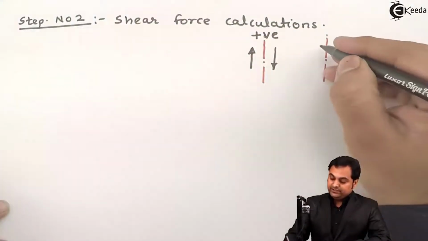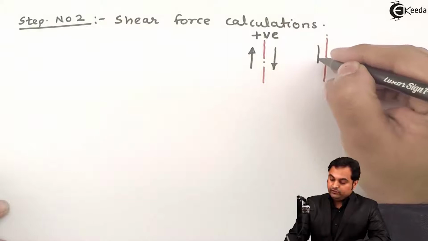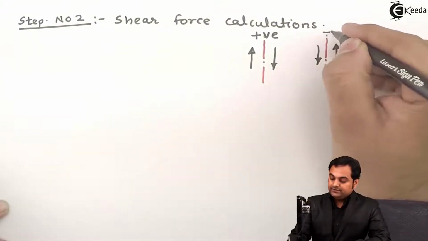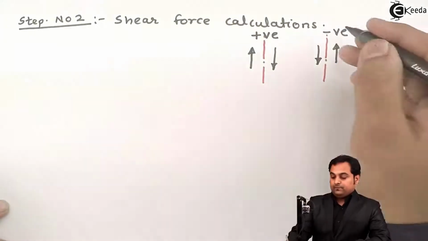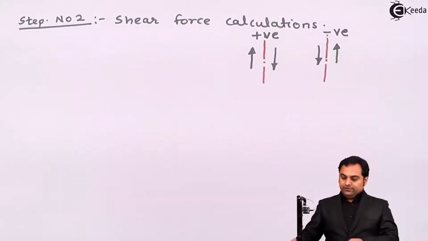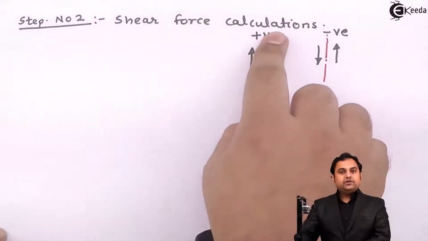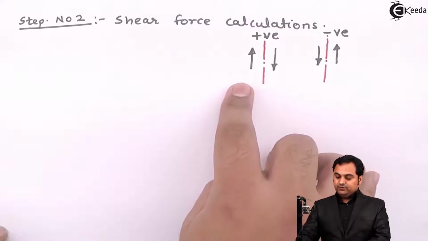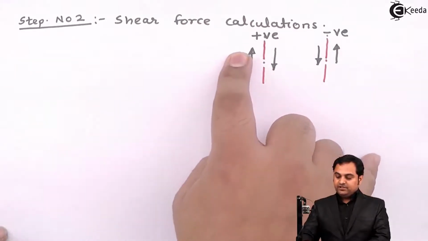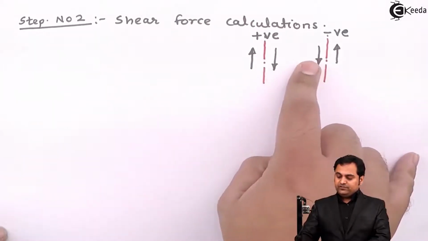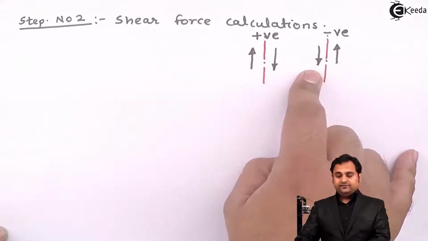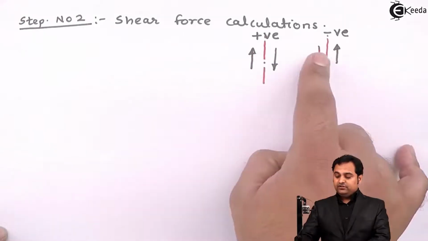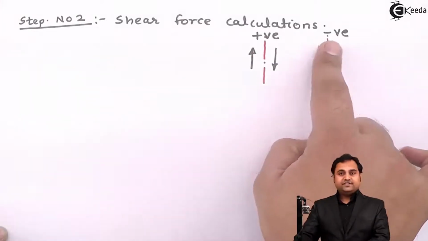Then any forces which are acting to the left and downward, to the right and upward, are treated as negative. So now here the second step is shear force calculations, where I have given the sign convention. Any force which is acting to the left of section in upward direction is positive. Force which is acting to the left and downward, negative. Next, a force which is acting to the right and downward, positive. Then to the right and upward, that is negative.